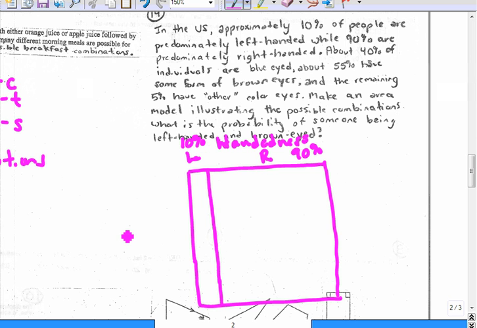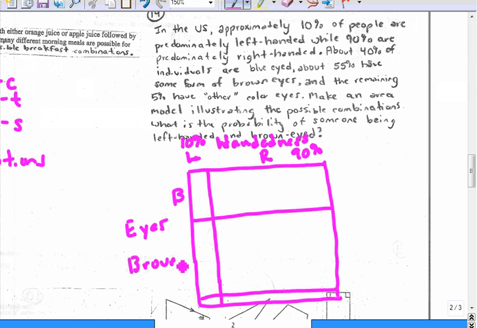Okay, and then eyes, we have 40%, so this would be about 40%. We have 55%, only about 5, so this is going to be really small. So this is 40% are blue-eyed, this is brown-eyed, and this is other.